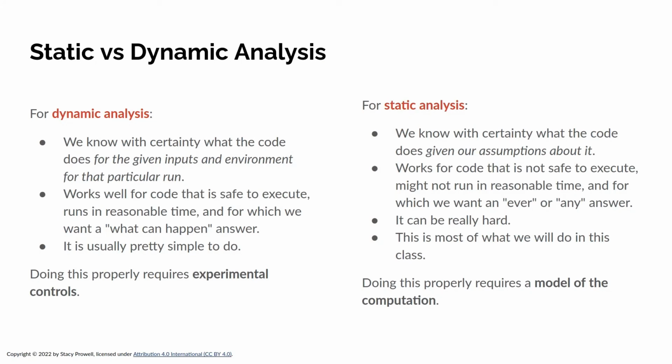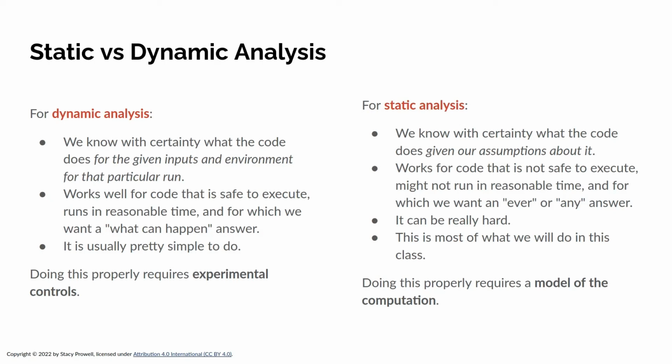And so this is a technique that works well when the code's safe to execute, right? It's not malware. If it's malware, I'm running it in a safe container. And I want to know what can happen, right? Just because I observed a particular output when I ran it doesn't mean that the next time I run it, I will observe the same output.